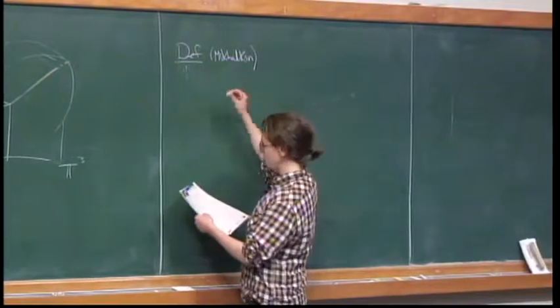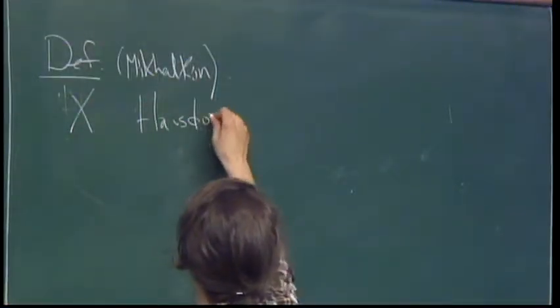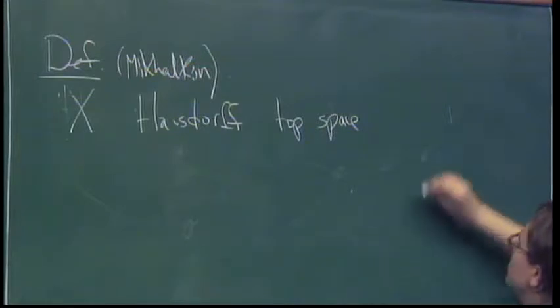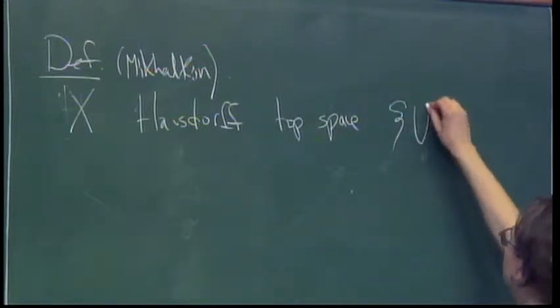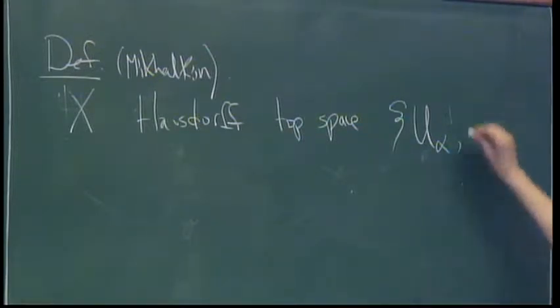So let's just write this down. X is going to be, first of all, a Hausdorff topological space. And like in usual manifold theory, we'll have some atlas. So we have some covering open sets and some charts.